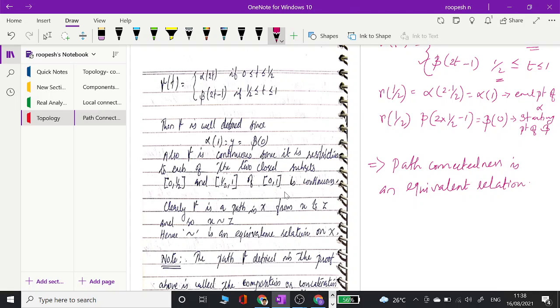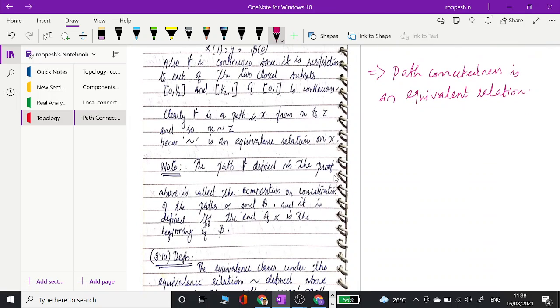Path connectedness is an equivalence relation. Now the path gamma defined in the proof above is called the composite, or another name, the concatenation, of the paths alpha and beta.